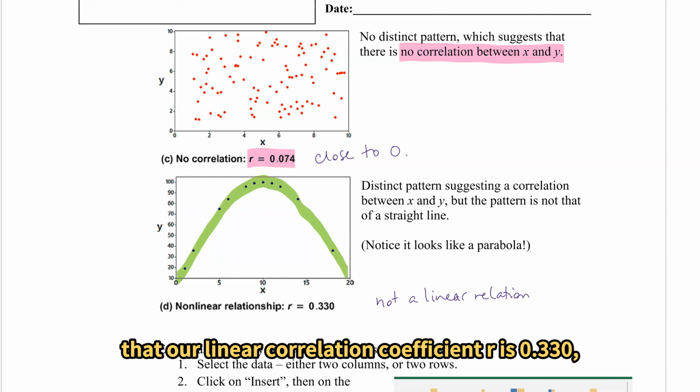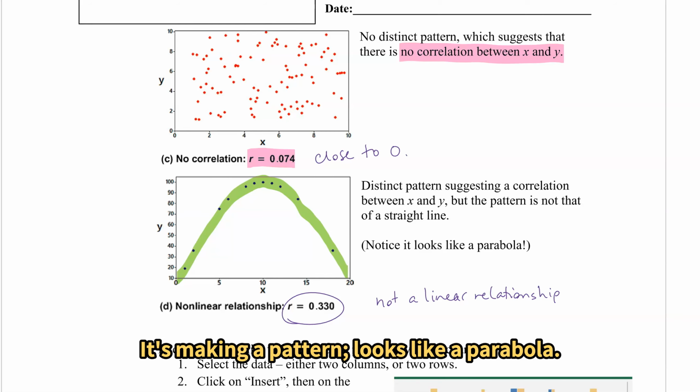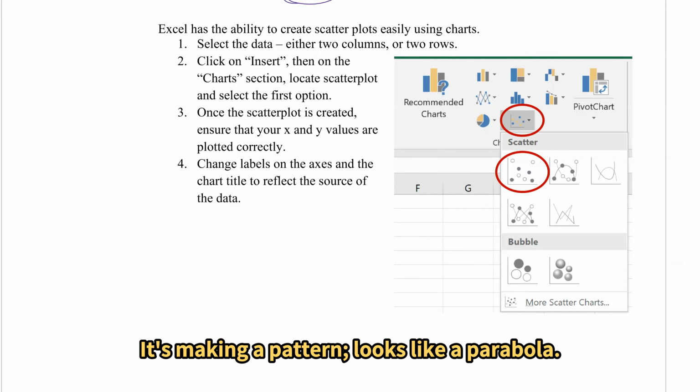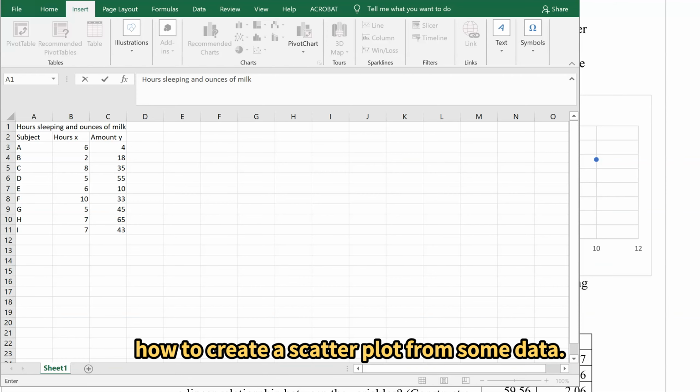Notice that our linear correlation coefficient r is 0.330, which is close to 0. So it's not indicating that there's a linear relationship, but it looks like there is some just from the scatter plot. It's making a pattern. Looks like a parabola.